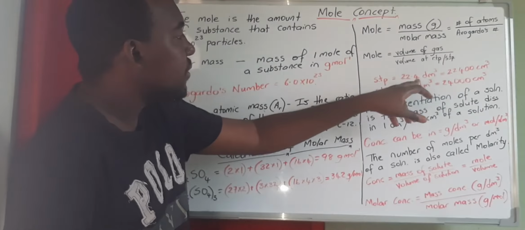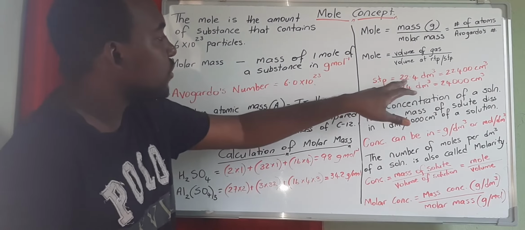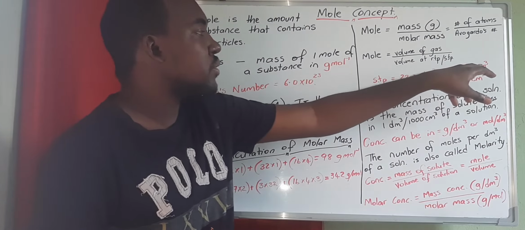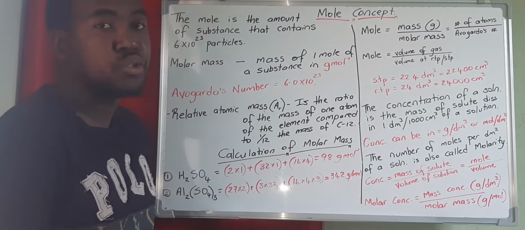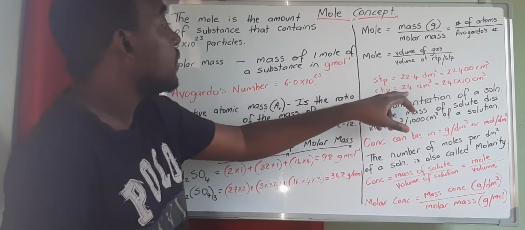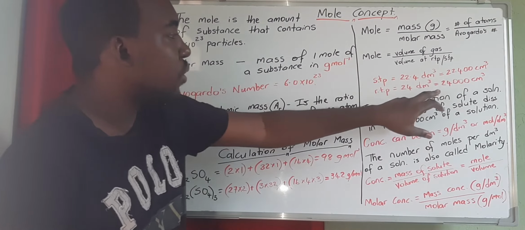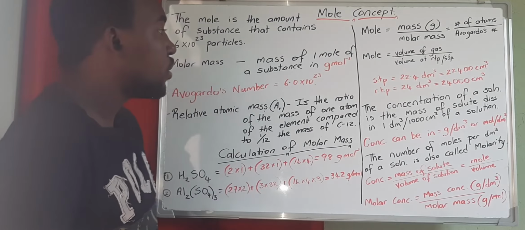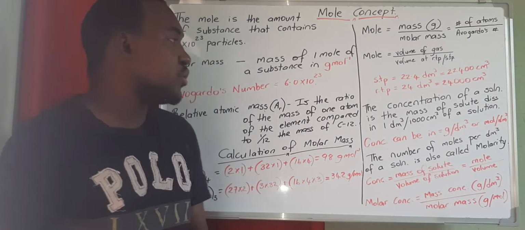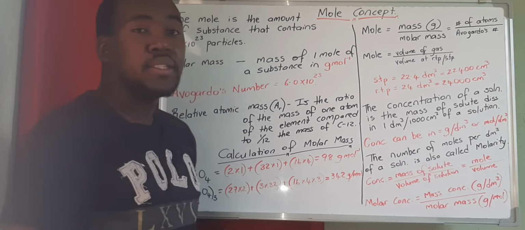At STP, the volume of 1 mole of any gas is a constant, which is 22.4 dm3 or 22,400 cm3. And for RTP, 1 mole of any gas occupies a volume of 24 dm3 or 24,000 cm3.